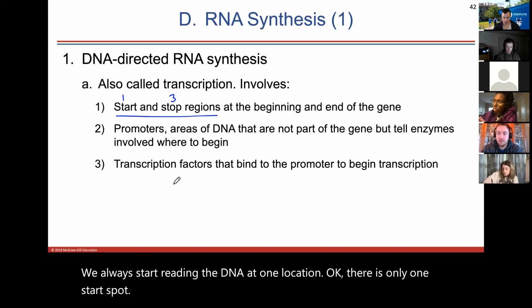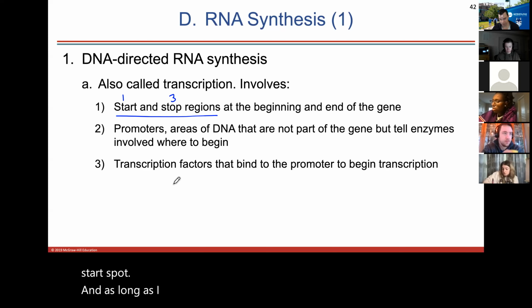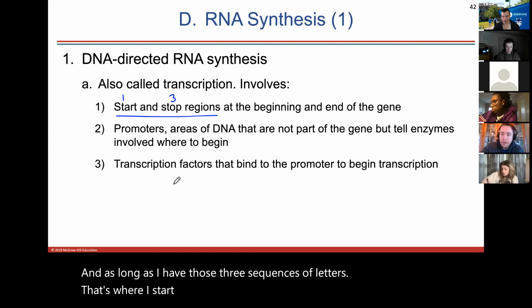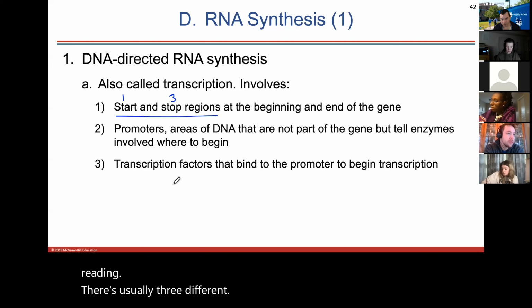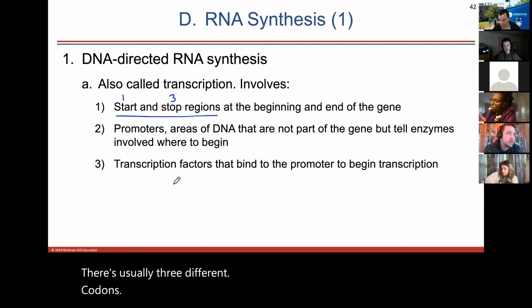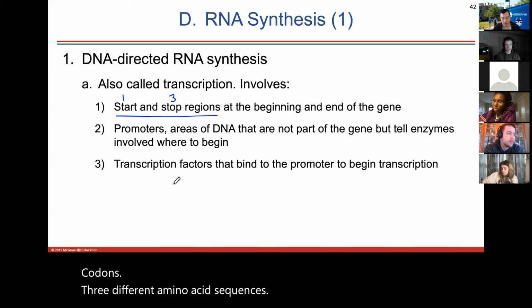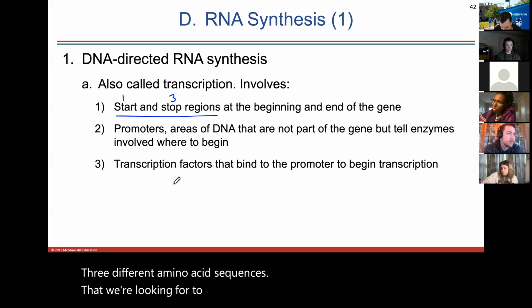As long as I have those 3 sequences of letters, that's where I start the read. When it comes to stopping the genetic reading, there's usually 3 different codons, 3 different amino acid sequences that we're looking for to stop. So there's always one start, but there's multiple periods within the sentence.